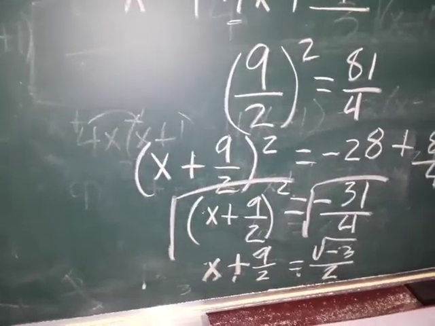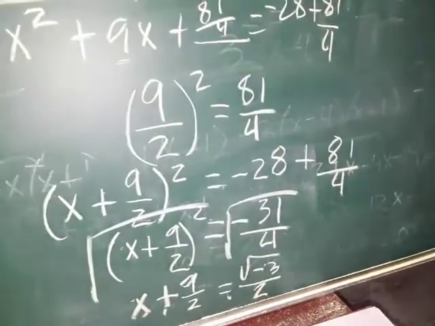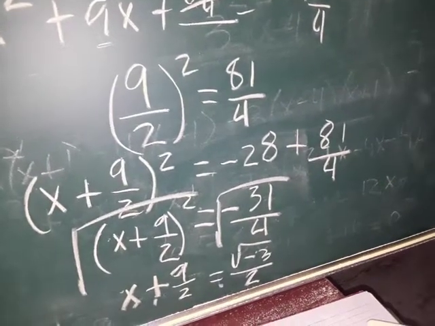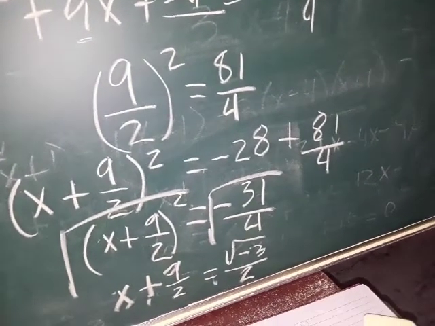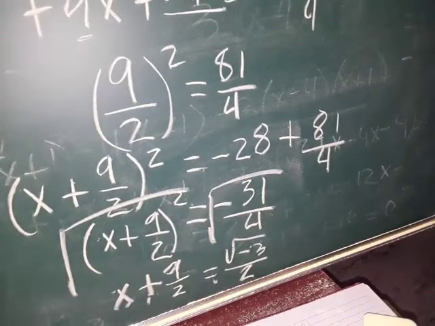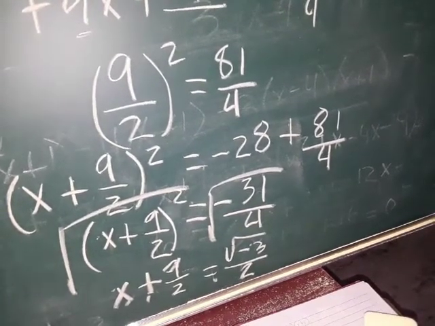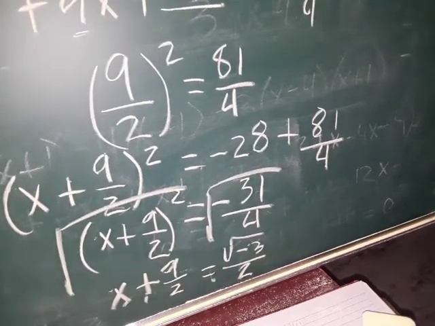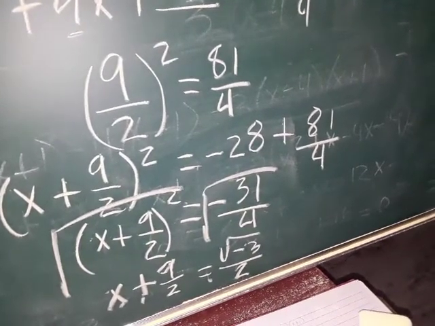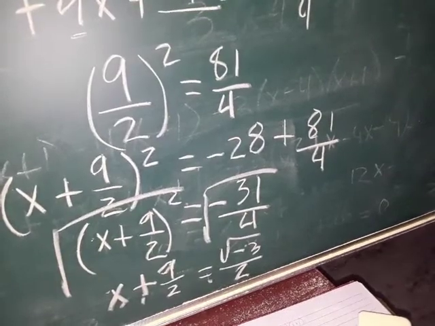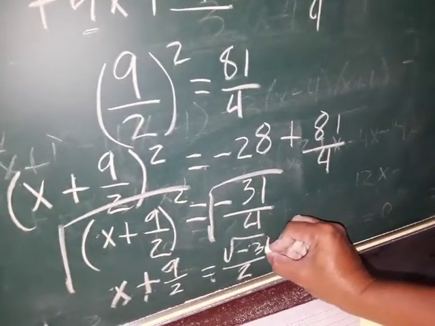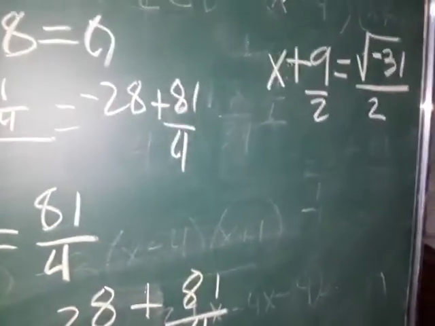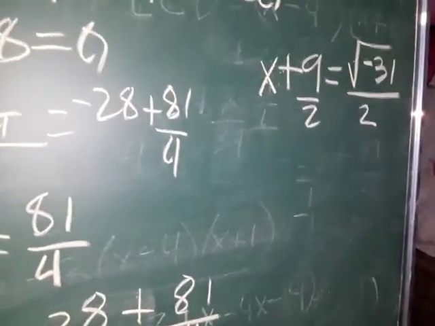Okay, next. Okay, tuloy natin. So, x plus 9/2 pala, sorry, is equal to square root of negative 31 over 2. Okay, that is 31. So, isolate x. I'm sorry. Okay, hindi na natin nabidyan.